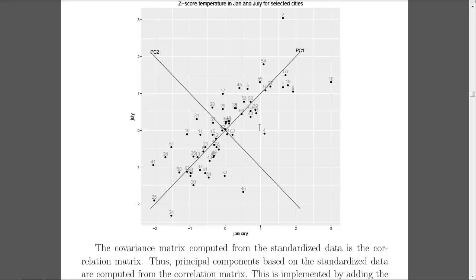And so unit intervals here each represent standard deviation intervals. So one unit is one standard deviation. That's how I've plotted the data. And you can see that this has a slightly different shape than we had originally on the original scale.